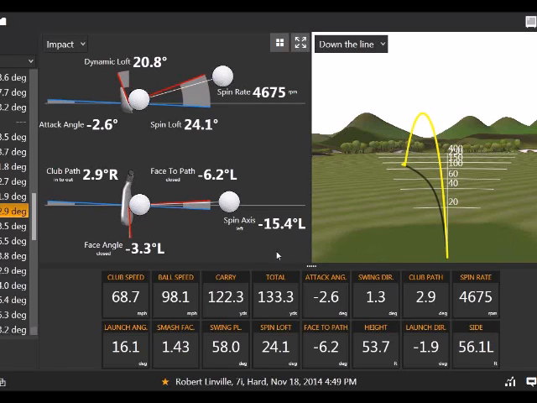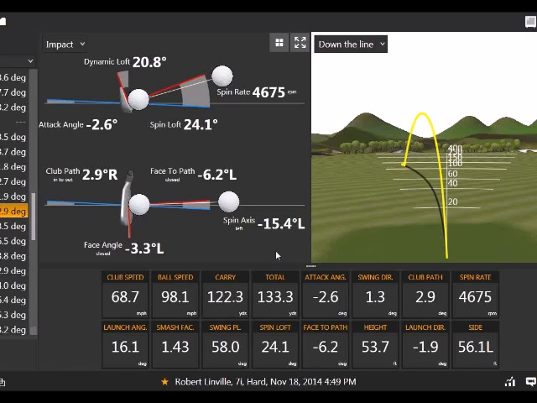So let me take a minute here and check and see if anybody's got any questions, anything specific you want me to go over. And then we'll talk a little bit about some spin issues with drivers.